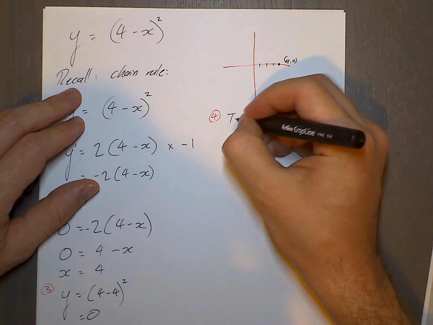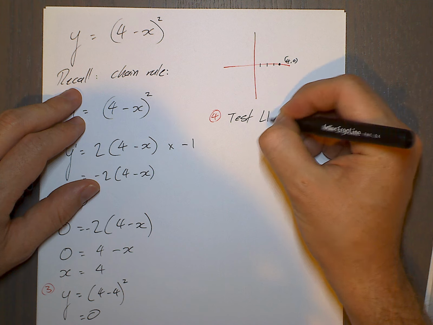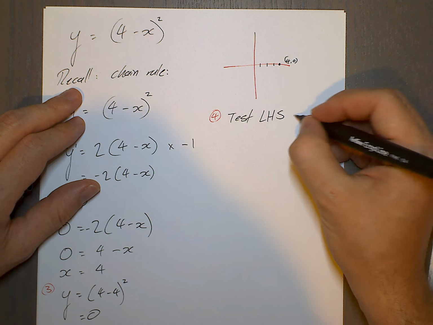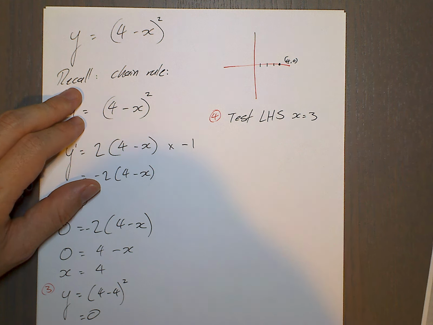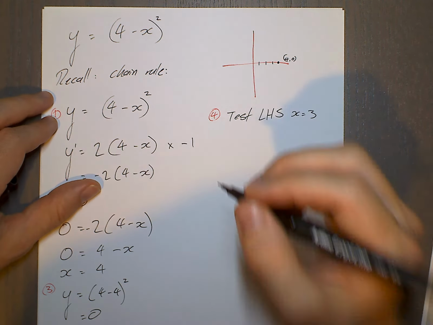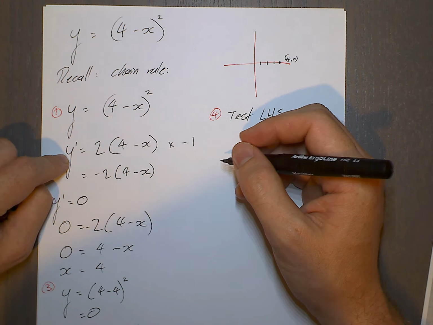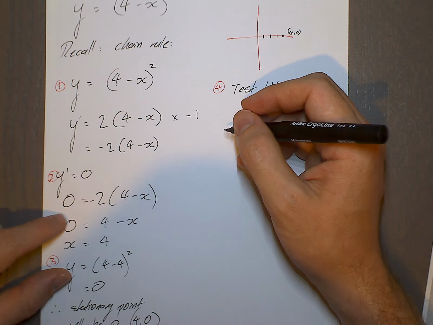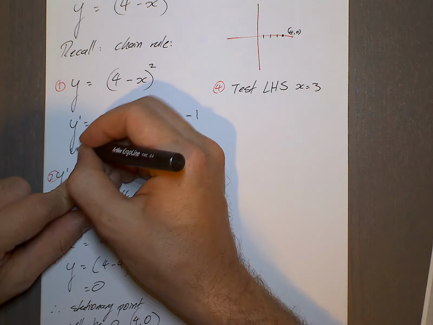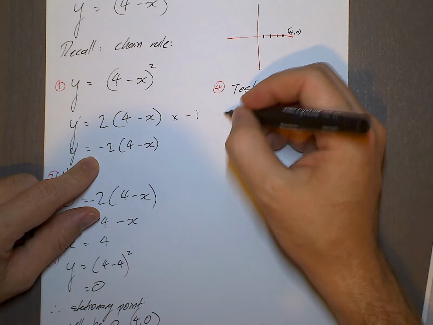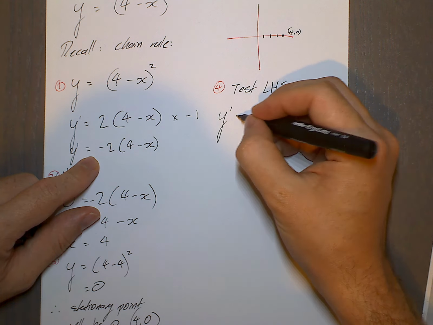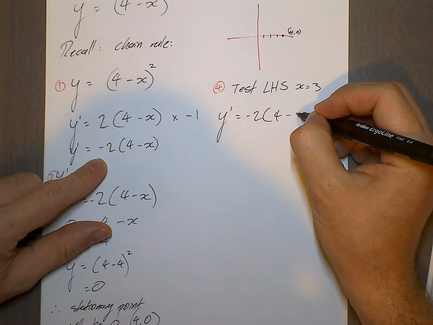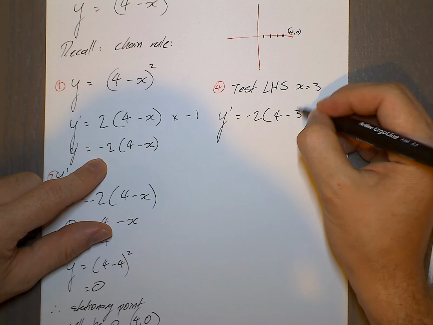So let's test our left-hand side. 1 down from our stationary point on the left-hand side, x will equal 3. And remember, we're putting that in our y dash, not our y, because we're testing the nature of the line. So our y dash equals minus 2, 4 minus, and we're going to put in where x is, 3.